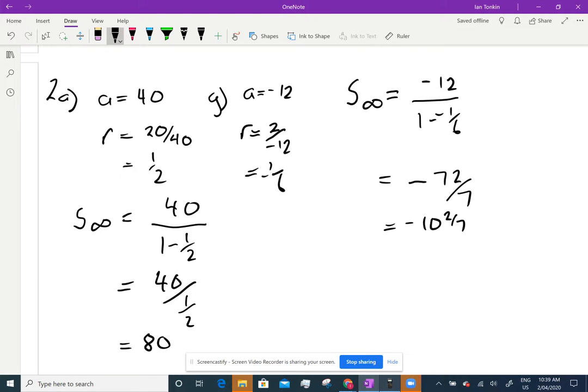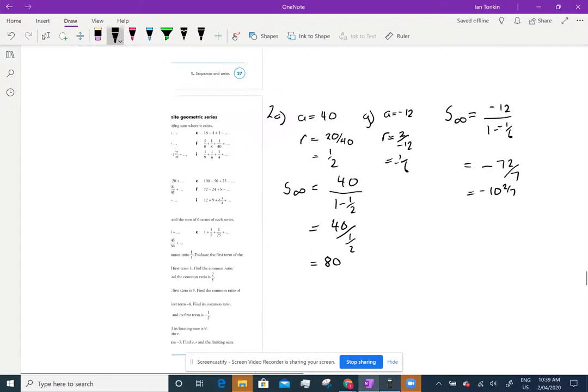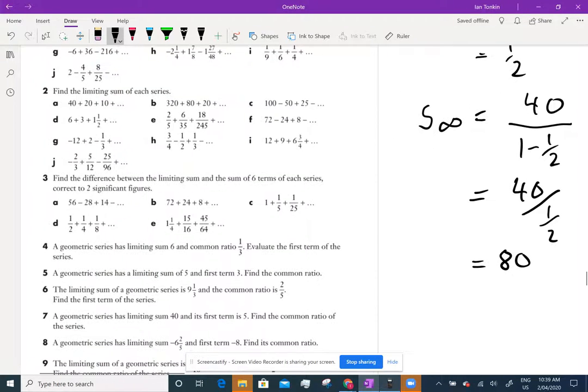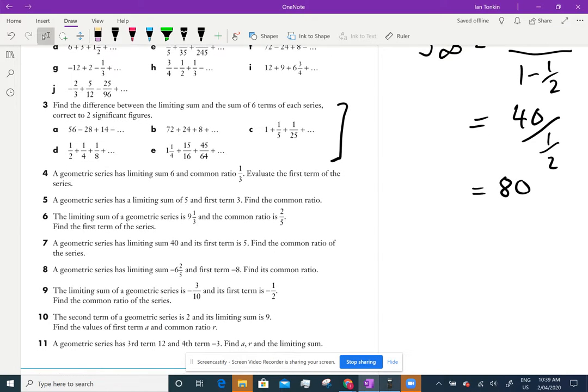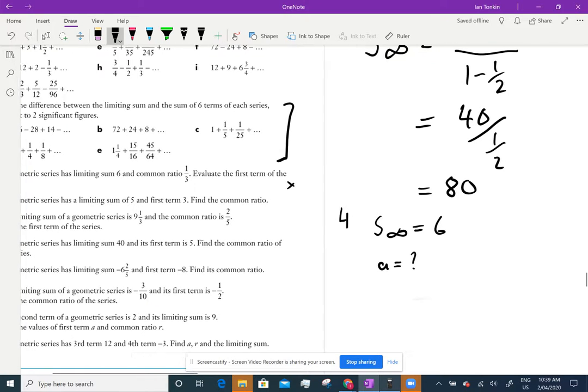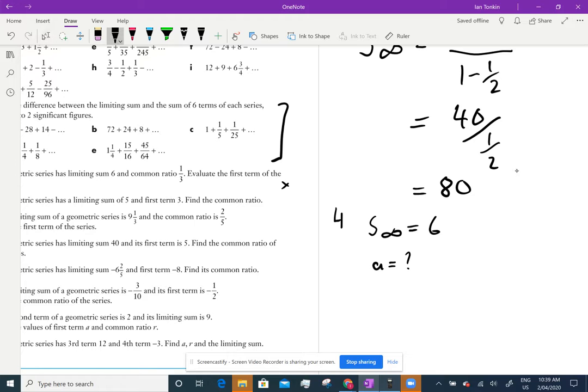All right. So finding the limiting sum, relatively easy. Finding the difference, that's pretty easy. I'll let you have a go at that. Let's have a go at one of these ones where they ask us to find something else, to find the first term. So 4, S of infinity is 6, and A we don't know, and R is a third.